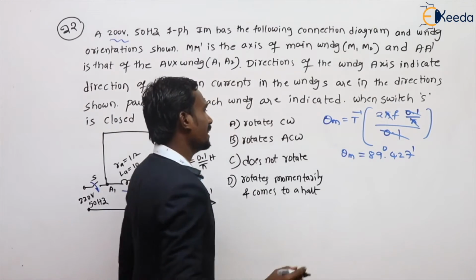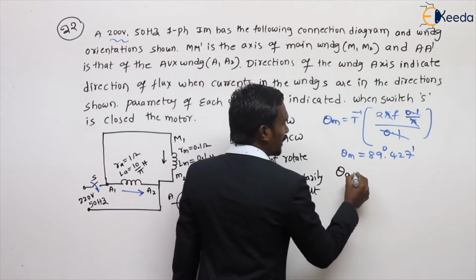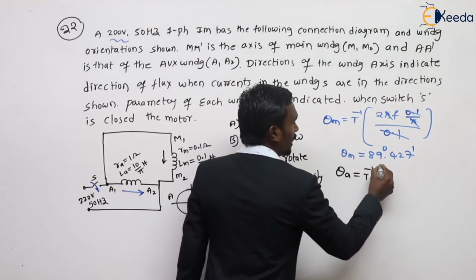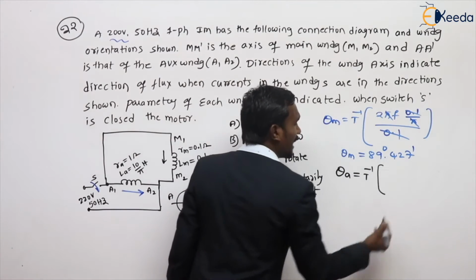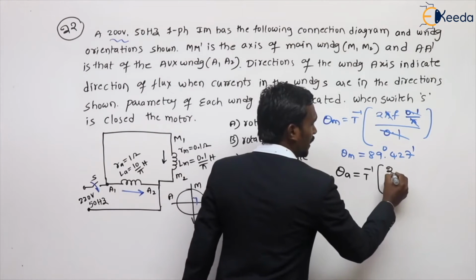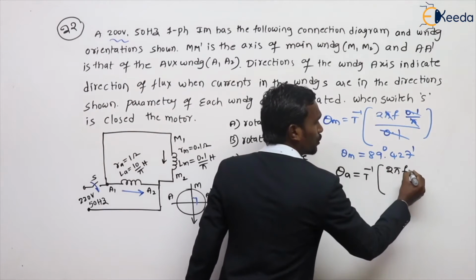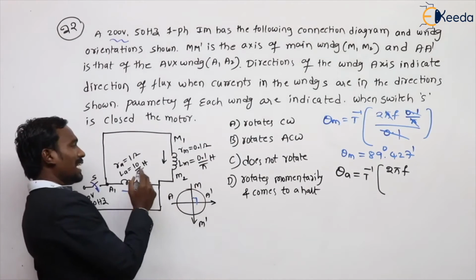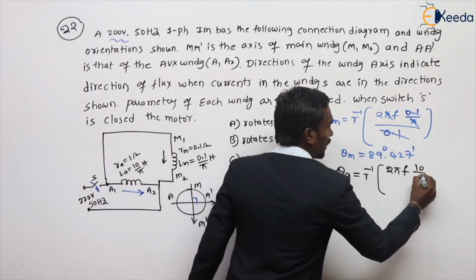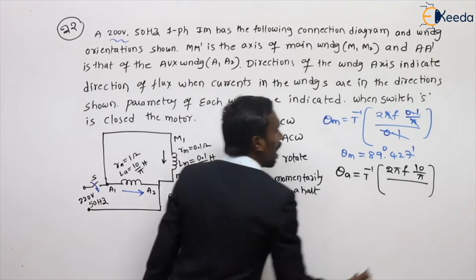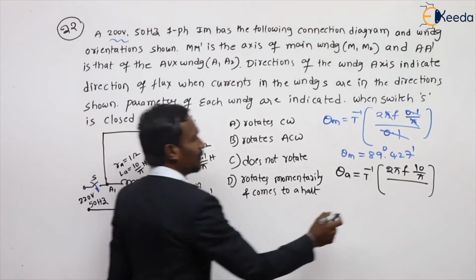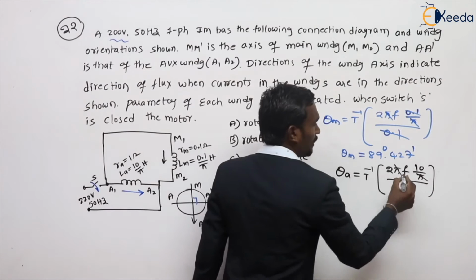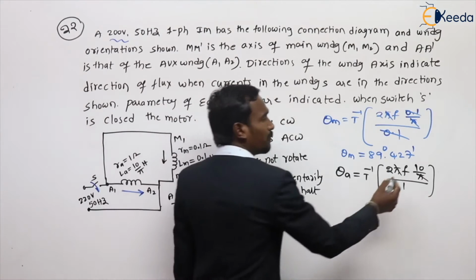Now calculate theta a. Theta a is equal to tan inverse of Xa by Ra. Xa is nothing but 2 pi f La. What is La? 10 by pi. Ra is 1. So pi gets cancelled. F is 50.